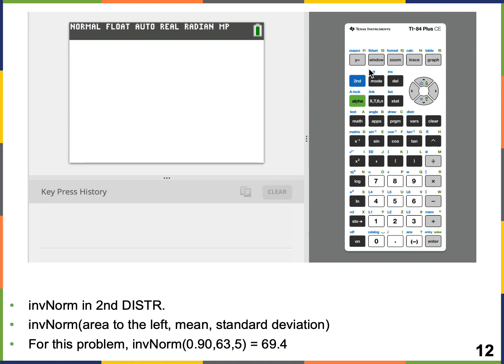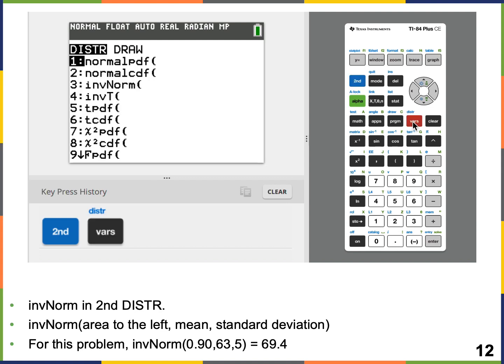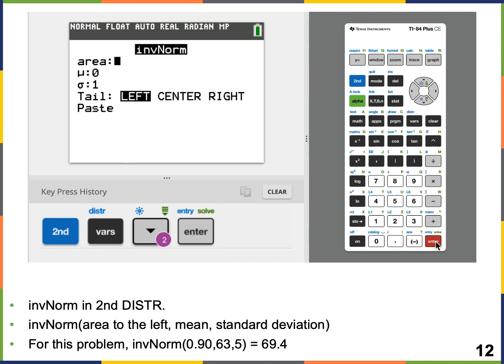So we need to use an inverse function. We go again, second, distribution, and then you scroll down to inverse norm, because it's a normal distribution.